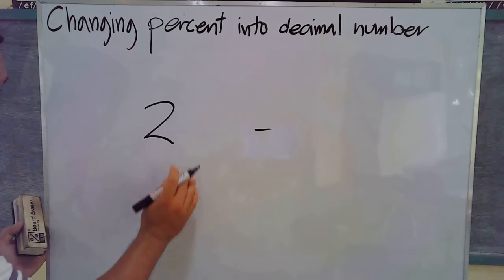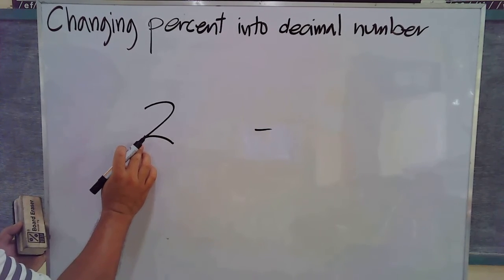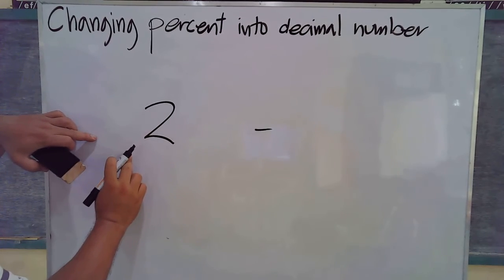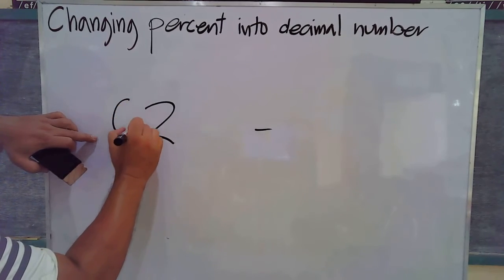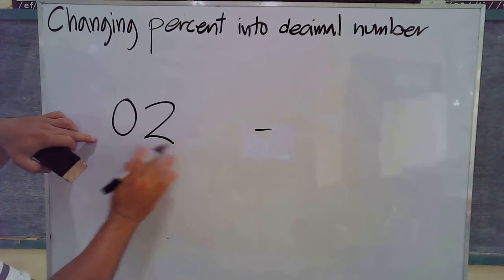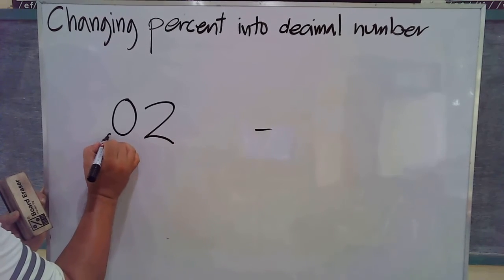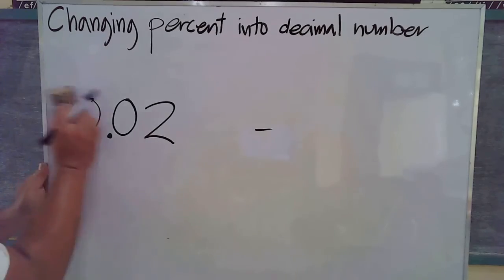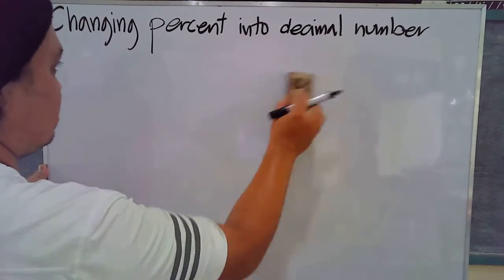Okay, so let's count from here. 1, 2. So we have here a blank number. All we need to do is just put 0 so that we have 2 steps. Okay, and here will be your decimal point. Okay, it becomes 0.02. Okay. Easy, right? Now let's have some more examples.